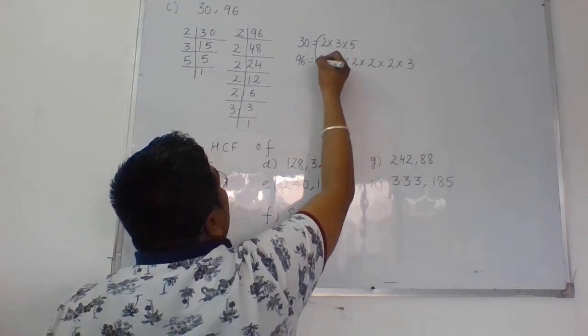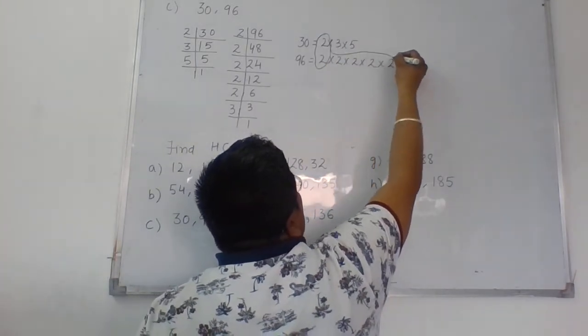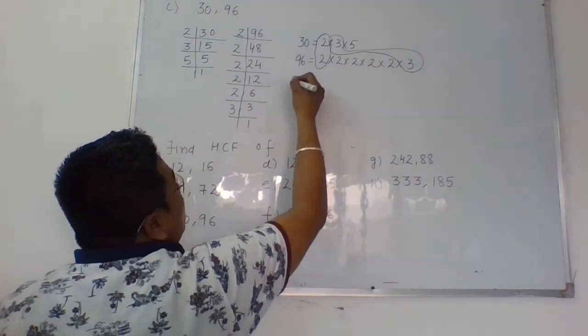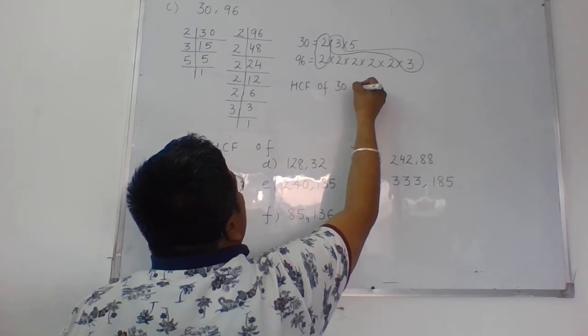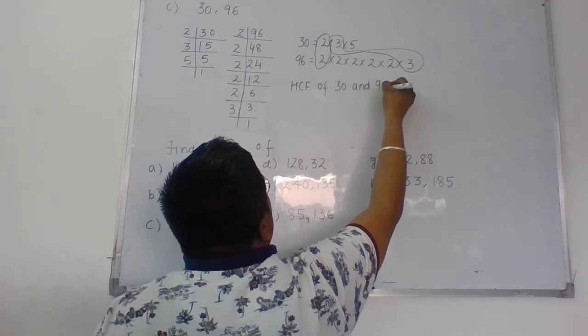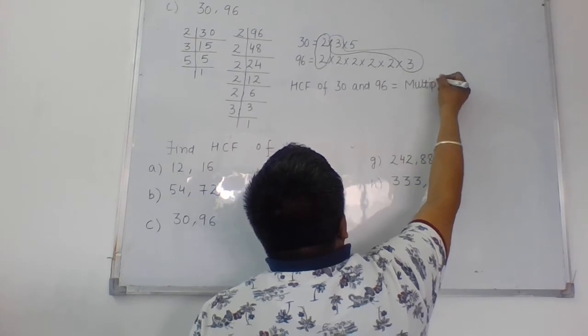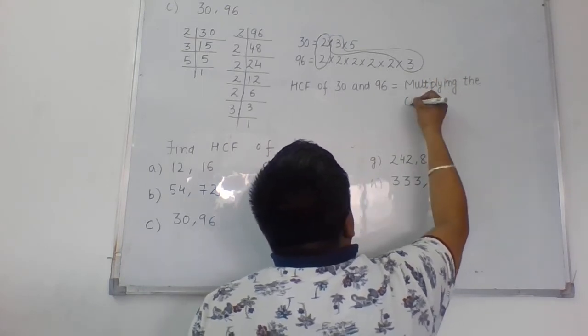So one 2 is common in both of them, and 3 is also common in both of them, so we encircle them. So our HCF of 30 and 96 can be obtained by multiplying the common factors.